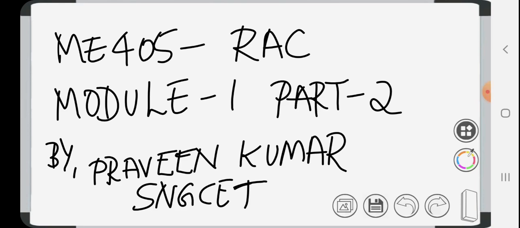So students, in the previous session we have studied the basics of refrigeration, how it is different from air conditioning, a brief history of refrigeration, and the unit called tonnage of refrigeration. We have defined the unit of refrigeration and calculated the value of 1 ton.